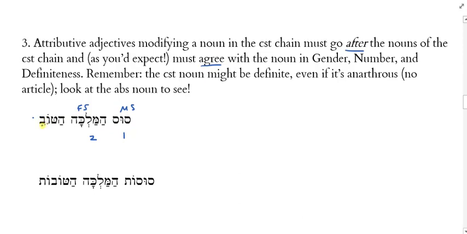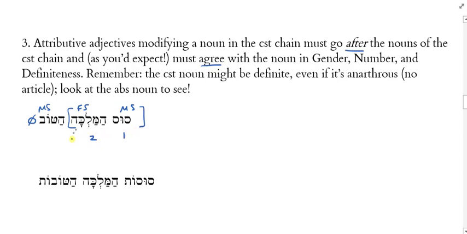Now look at hatov. What gender is that adjective? Tov has 0 ending. So that's masculine singular. Okay? So it's an attributive adjective. It's gone after the noun that it modifies. But since we have a construct chain, it has to go after the whole construct chain.